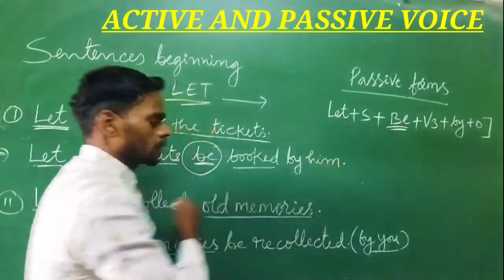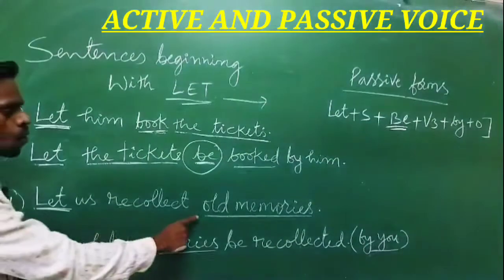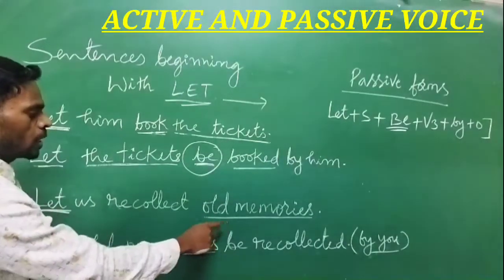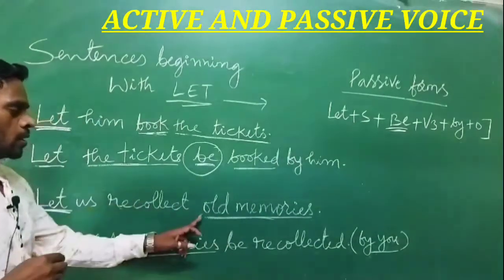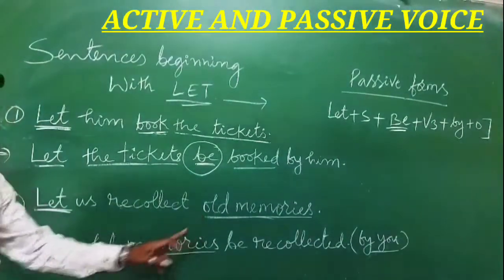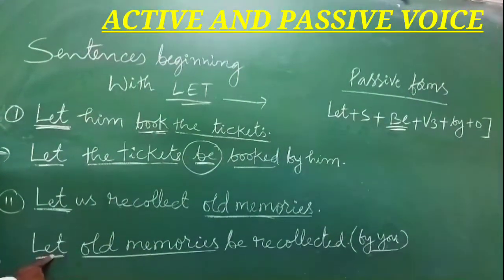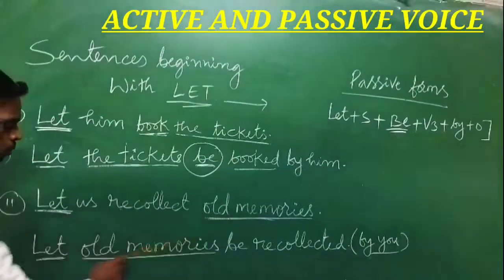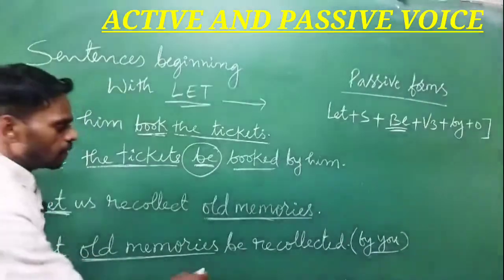then preposition by, and then the object. Second example, let us recollect old memories. Again in this sentence, old memories is the object. You have to bring it in the place of the subject, but before that let has to be brought here, then the object has to be brought in the place of the subject.